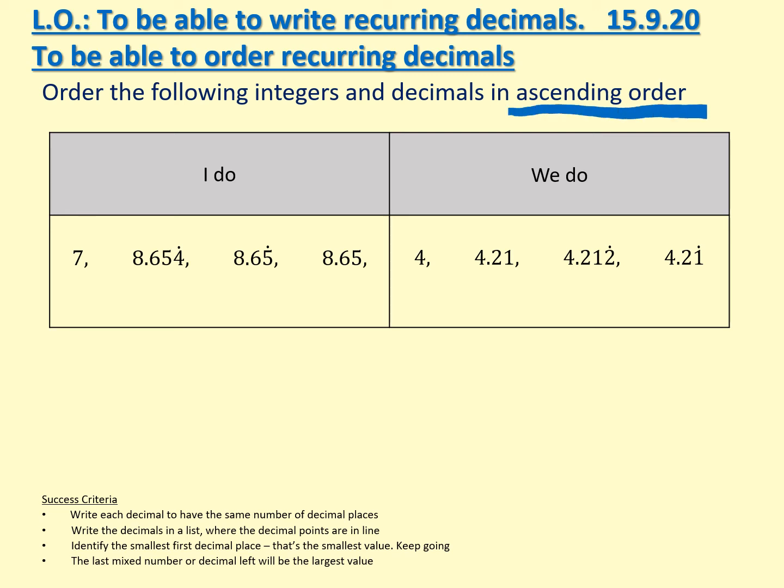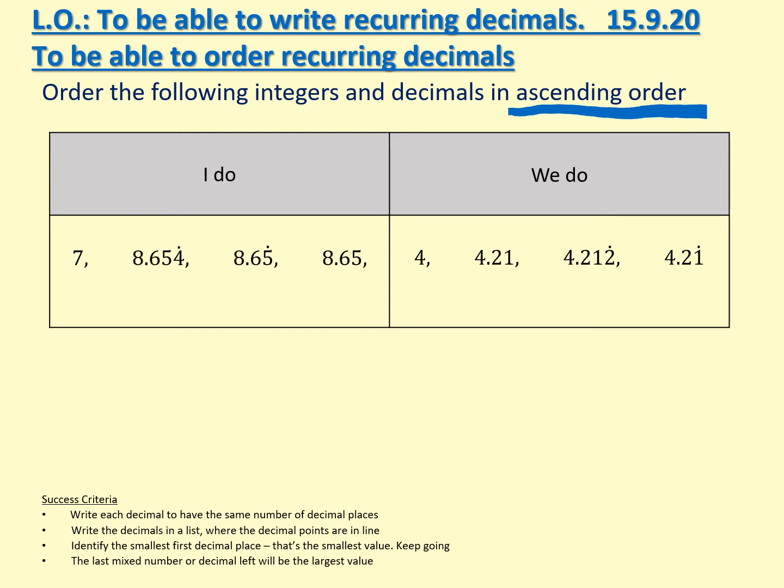Ascending order means up. Going up from the smallest to the largest. Ascending, up from the smallest to the largest. Descending, down from the largest to the smallest. In this case, we have to order them in ascending order, so we need to identify the smallest and write it down from the smallest to the largest.